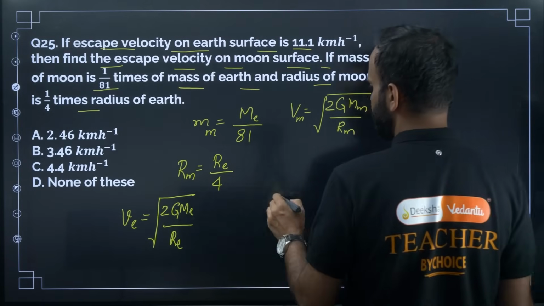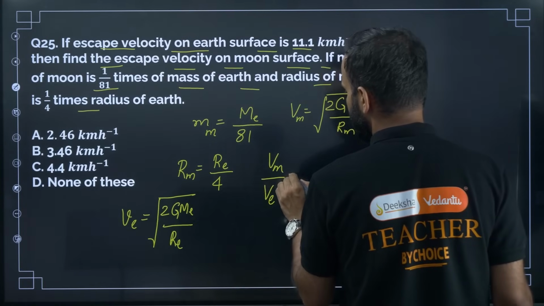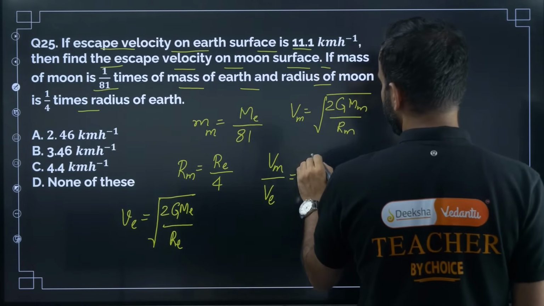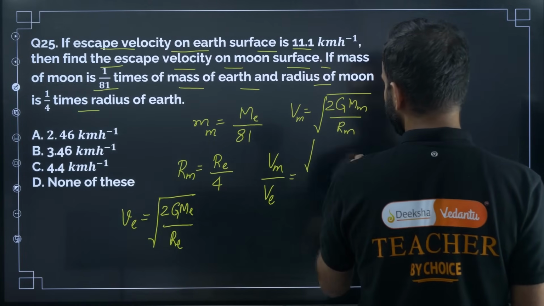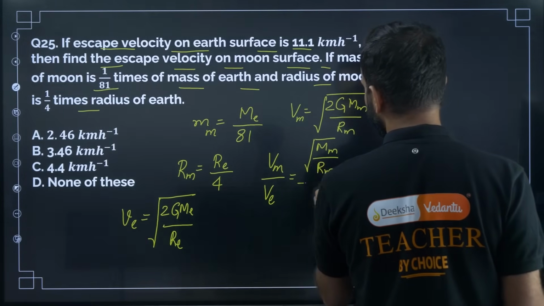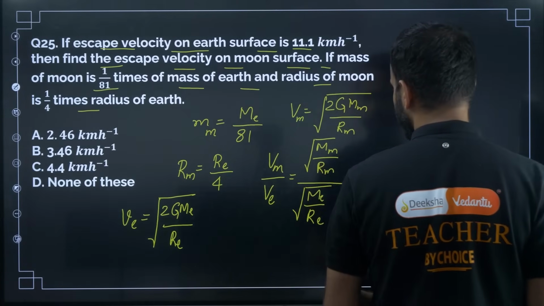So Vm divided by Ve is equal to root of, 2G will get cancelled, mass of the Moon divided by radius of the Moon, whole divided by mass of the Earth divided by radius of the Earth.